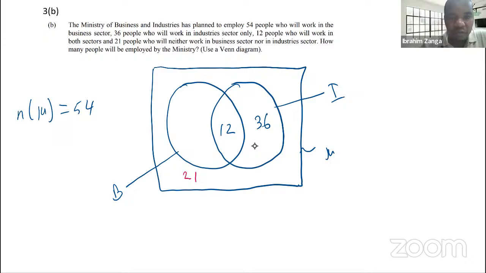So first of all, we have to find x here, okay? Then later on, we are going to combine those who are going to work in the Ministry of Business and Industries.